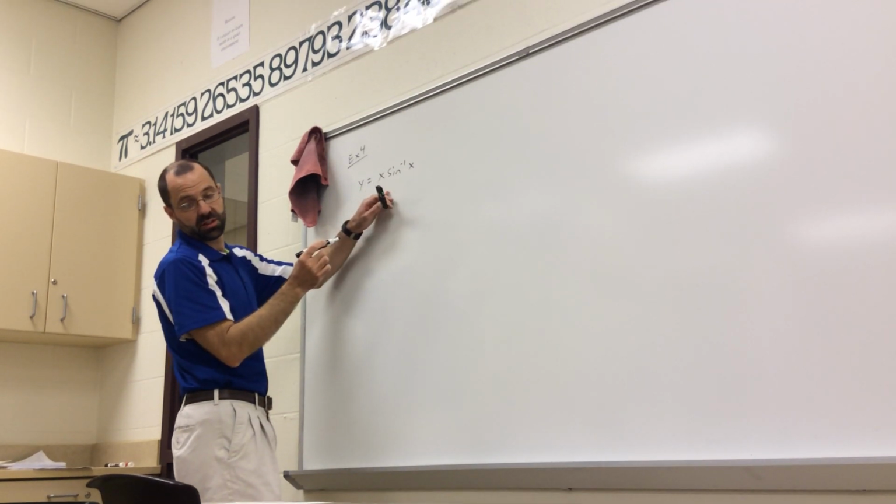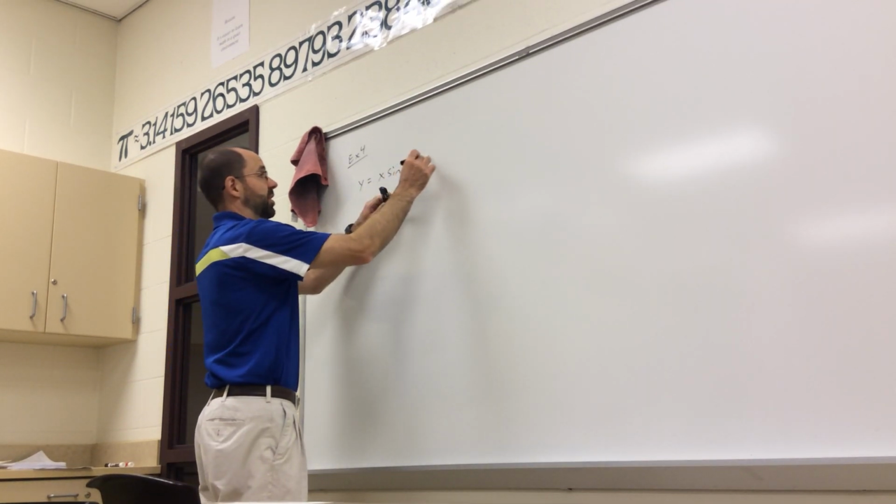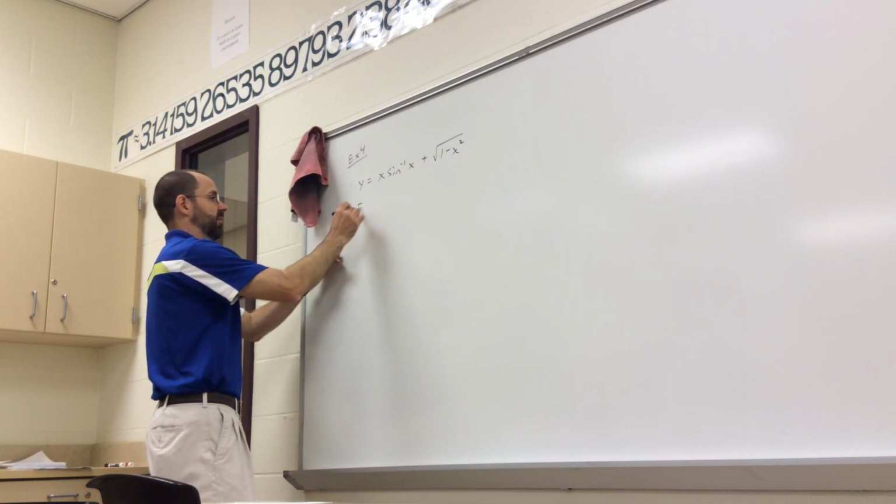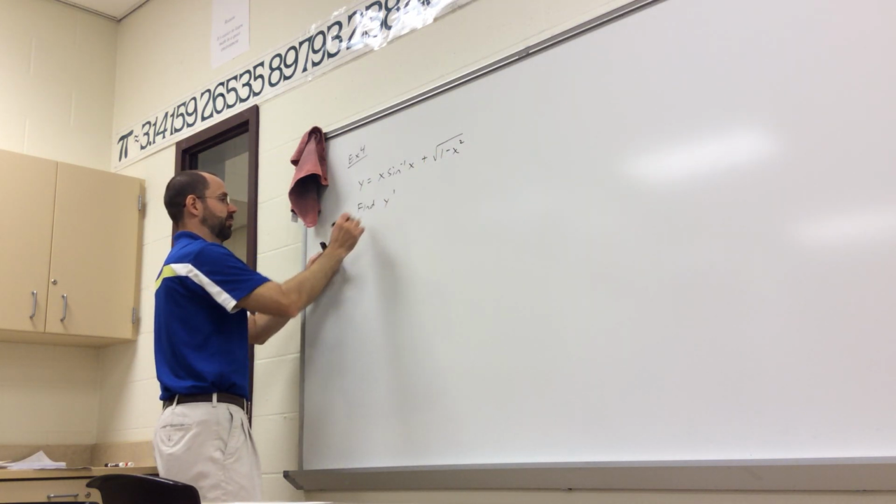So y equals x inverse sine of x plus the square root of 1 minus x squared. And we're going to find y prime.